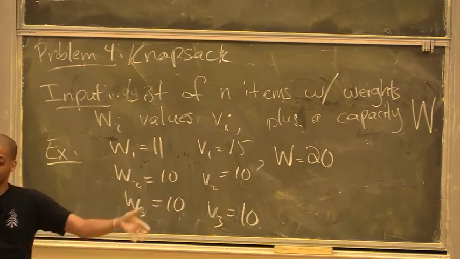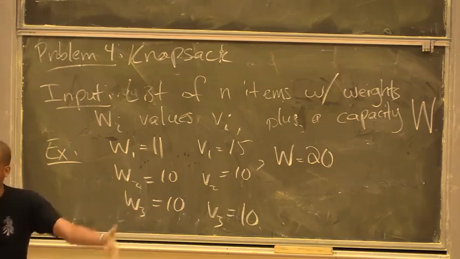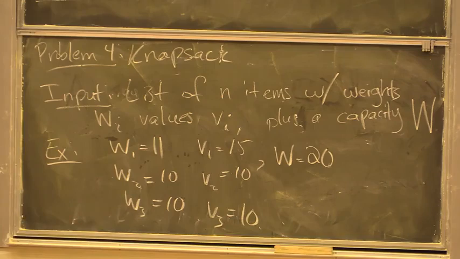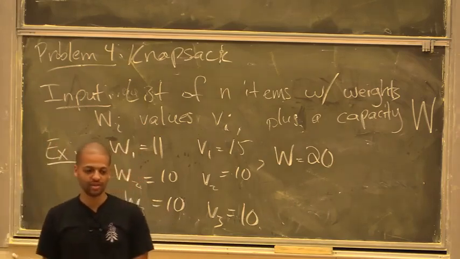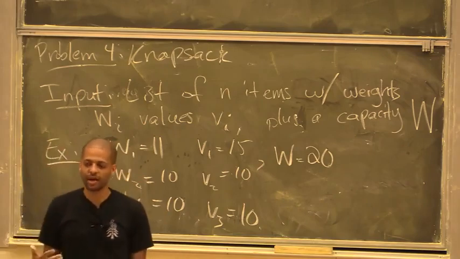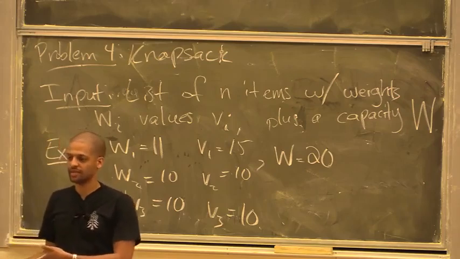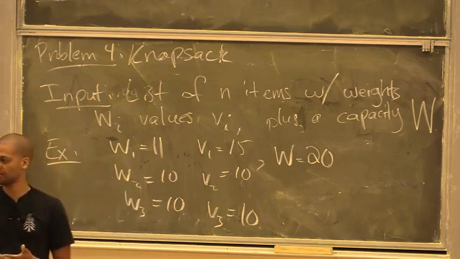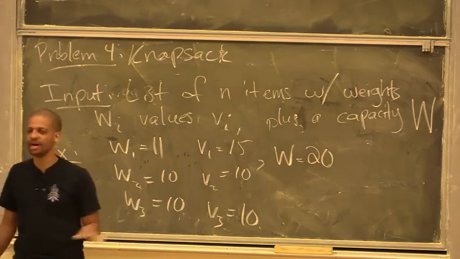So that part of the input has length at least n, because I have n pairs of numbers, and then I have this extra int W, which takes log W bits. So the total length of my input is proportional to something like n and log W. So to have a polynomial time algorithm, I would want to be polynomial in n and polynomial in log W. But here I'm not polynomial in log W, I'm polynomial in W. So it's actually exponential time. So just something to keep in mind.